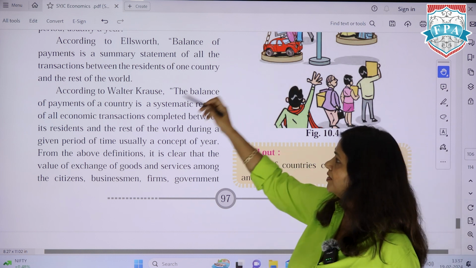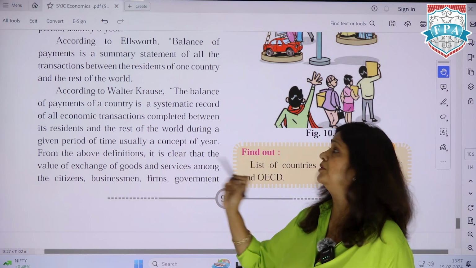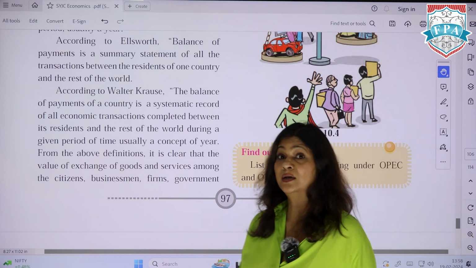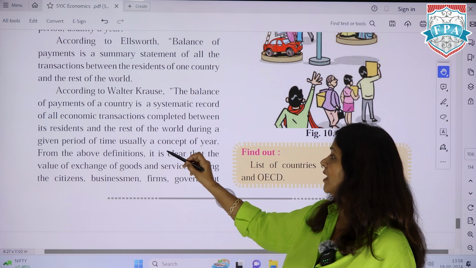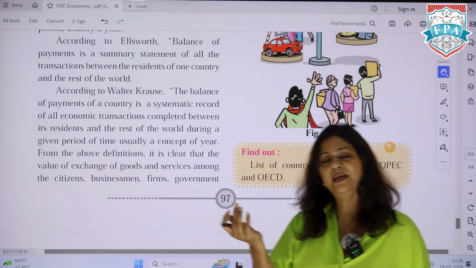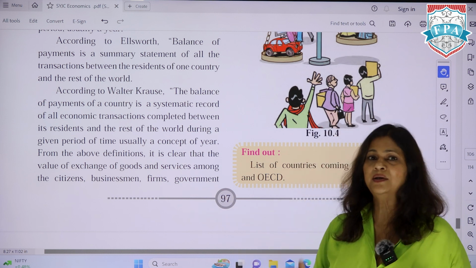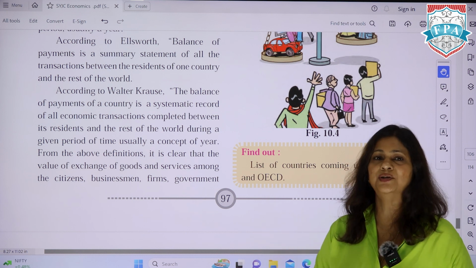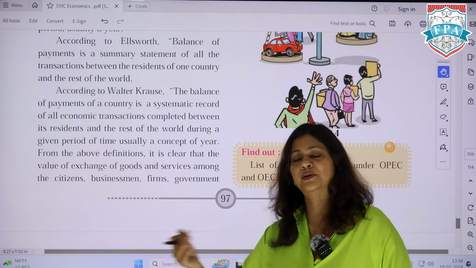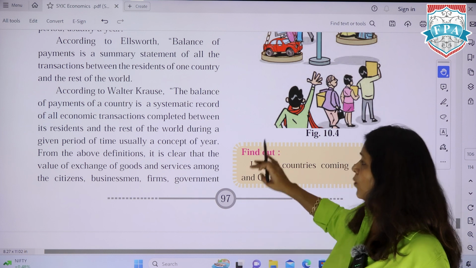So that's what Walter Cross tried to write, that balance of payment of a country is a systematic record of all economic transactions completed between its residents and the rest of the world during a given period of time, usually a year. तो balance of payment की अगर definition लिखनी है, you will write down it is a systematic record of all the economic transactions which are happening between the residents of the nation and the rest of the world at a given period of time, which is usually 1 year.